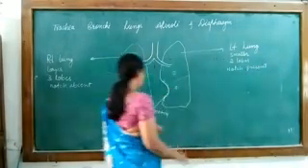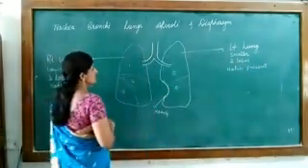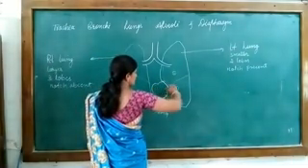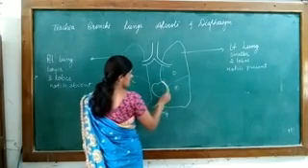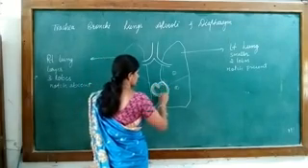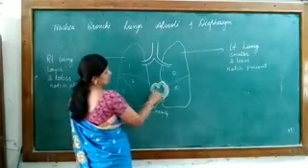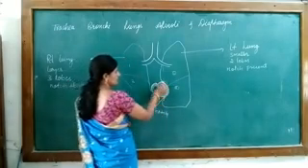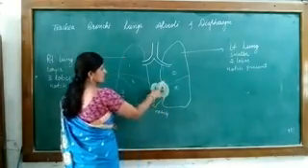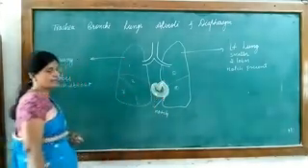And in that notch, the heart is situated. Our human heart is present in this place, and the space between the two lungs is called the mediastinum.